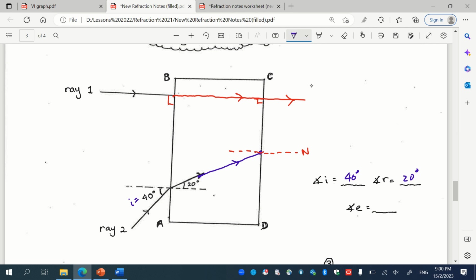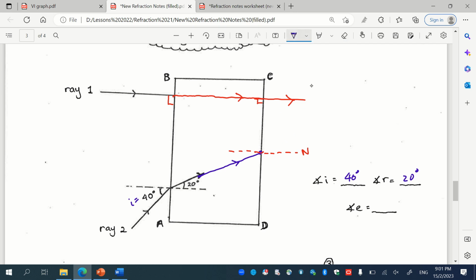From glass out to the air, light must bend away. But away at which sector? Remember the original path sector. The original path would have been here. So the bending must happen around this sector. So bend away, must bend this side.